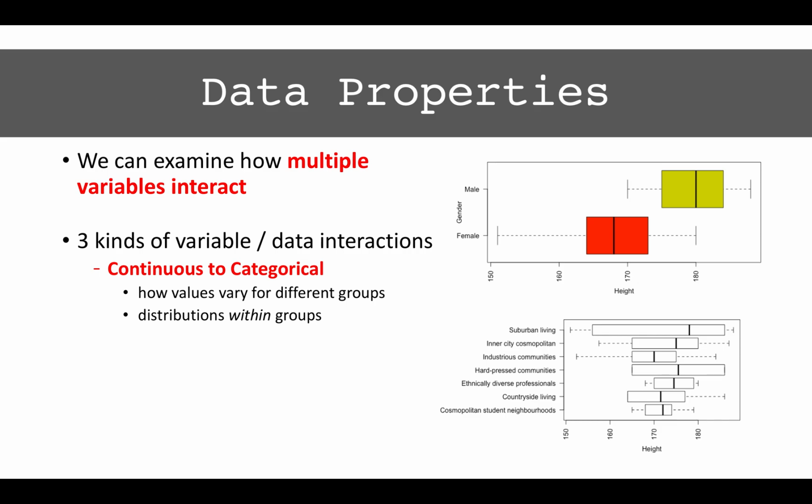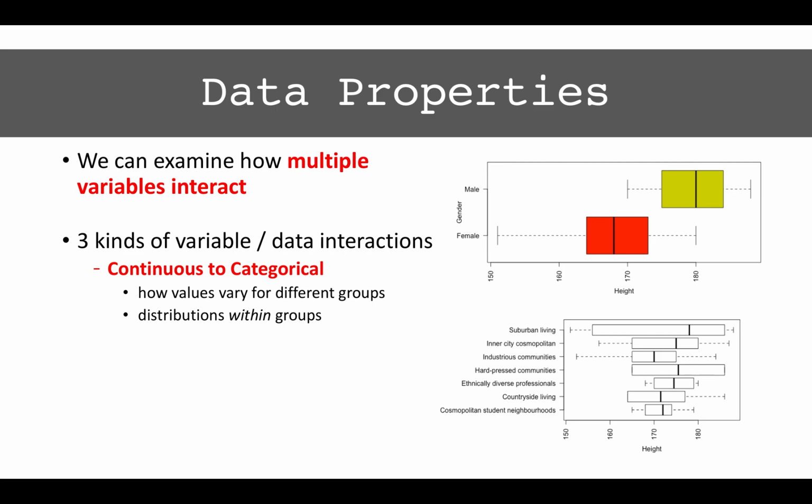Unsurprisingly, we can see that the typical height of male respondents is greater than the typical height of female respondents. But we can also see the same data split across socioeconomic classes, in this case the output area classification, which is described in the practical.